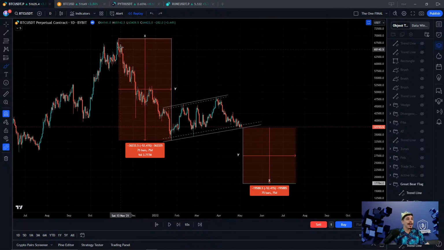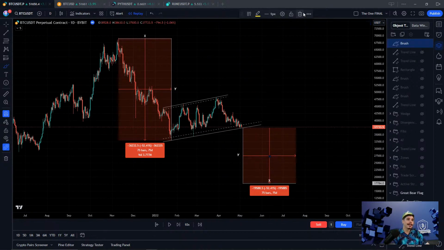The amount of time it took for this flag to form is the distance. That's X. We're looking at 75 bars. And the percentage that price fell while this was forming, the flagpole of this structure, was minus 52%. So we could measure the X, the distance, and the Y, the percent, and reasonably foreshadow. We don't know where the break is going to occur.